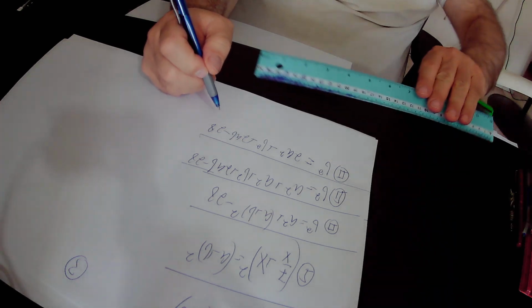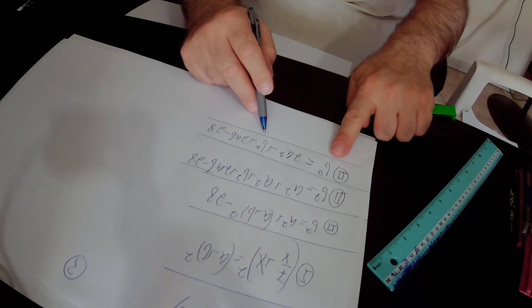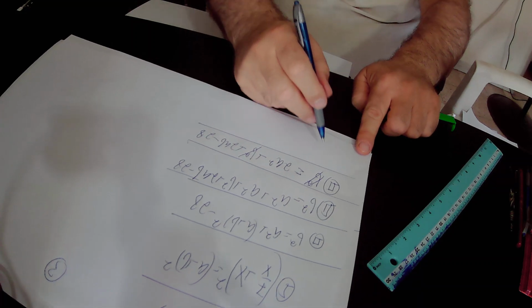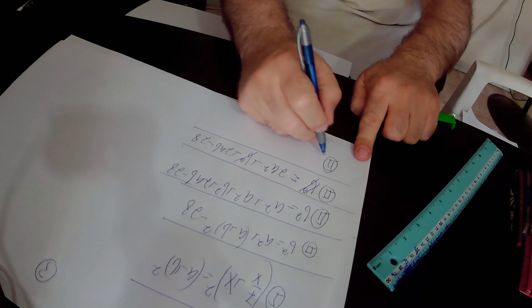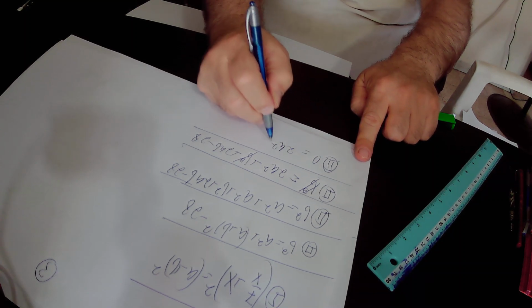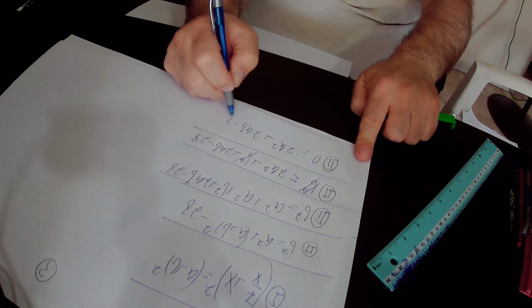Here we have b squared on both sides of equation 2, so b squared will get cancelled. After cancelling b squared, on this side of the equation we have nothing, that is to say 0. On the other side we have 2a squared plus 2ab minus 28.